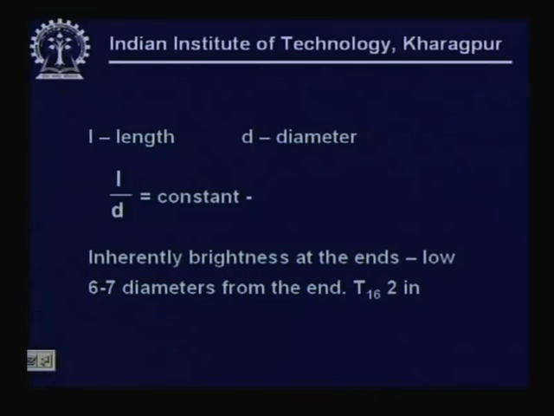Now, T16 I have shown would mean, traditionally, in fact, the metric system, the French system was in use, which meant T16 would convert as a tube of a fluorescent lamp whose diameter is 2 inches.